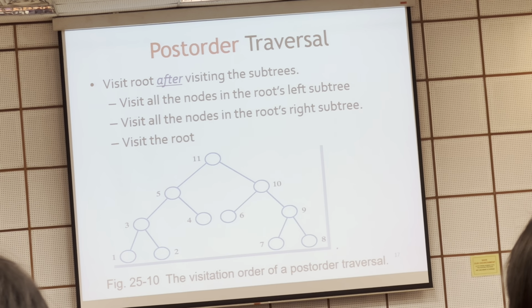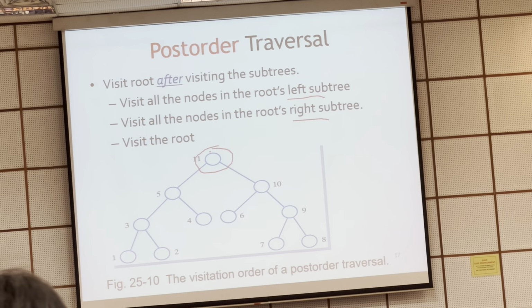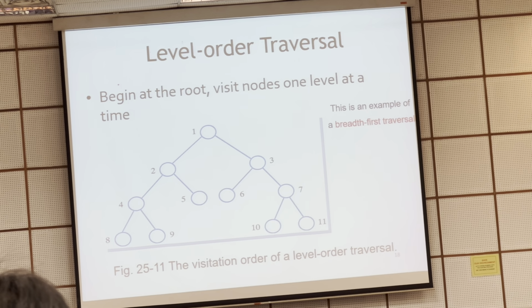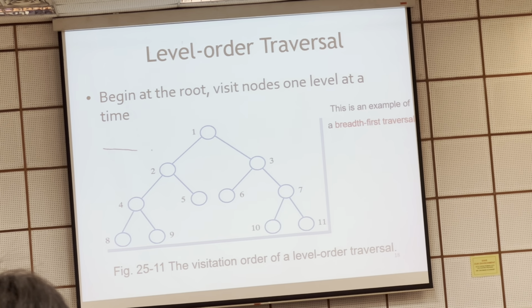And finally, we have post-order, where we visit our root at the end after visiting all the subtrees. So you do your left and then right, and finally you go to your root. Take a look at the arrangement of the numbers, how we access it. Besides this, we can also have level-order traversal, where you access the nodes level by level.